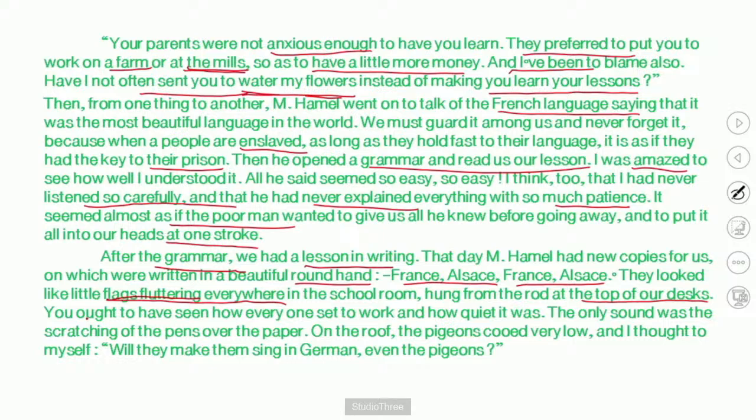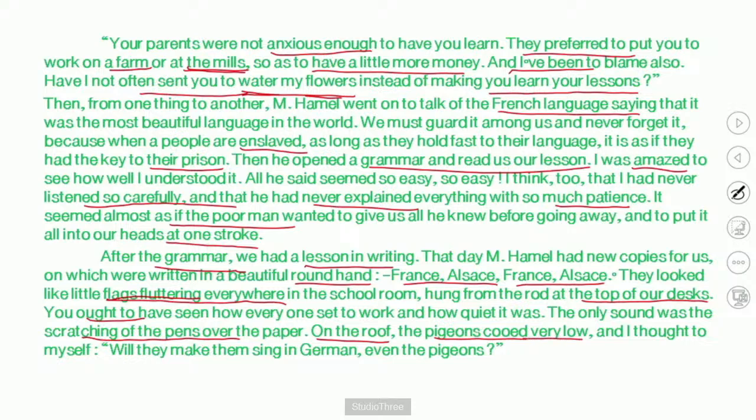So you ought to have seen how everyone set to work and how quiet it was. I mean the scene in that room is very quiet and silent. The only sound was the scratching of the pens over the paper. Means they are only sitting there, no one is chatting with each other, no one is speaking with someone, they are only scratching the pens on the paper, and at the same time on the roof of the town hall the pigeons were cooing in a very low sound.